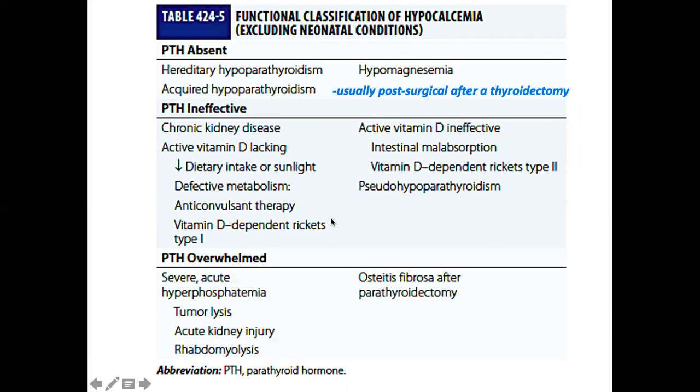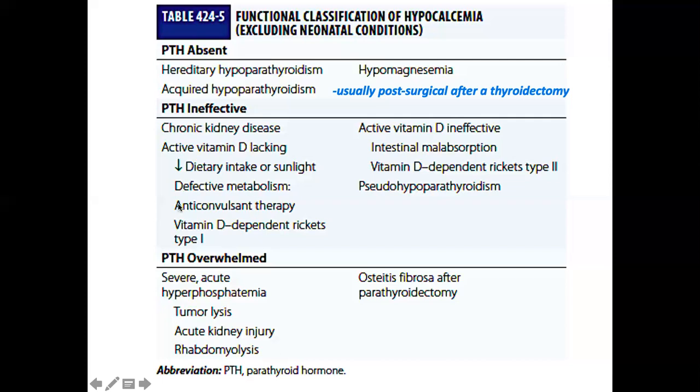There are also cases where you have ineffective PTH, just as in CKD, where there is a lack of active vitamin D. In chronic CKD, you cannot activate your 25-hydroxycholecalciferol into the active form of vitamin D. So there is active vitamin D lacking, lack of dietary intake or sunlight, or defective metabolism.